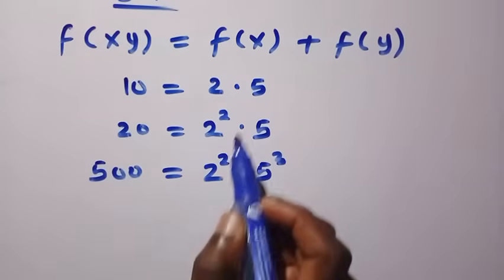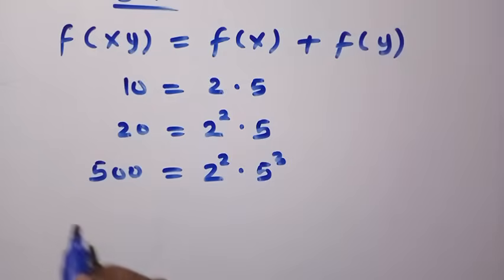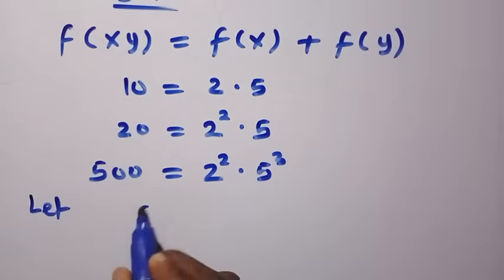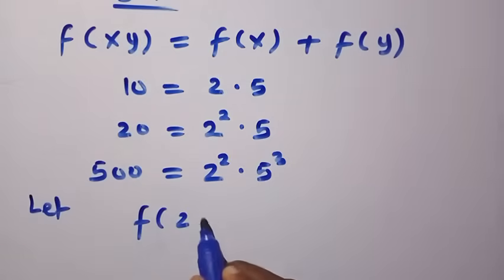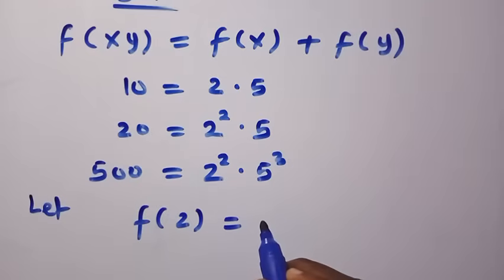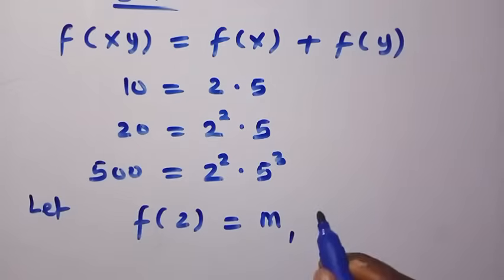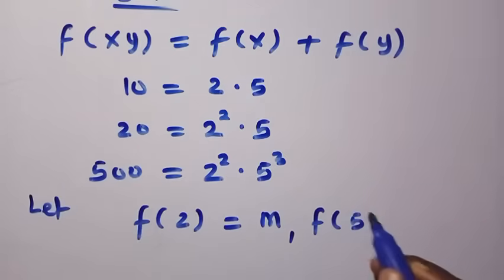Since we have 2 and 5 basically, suppose I let f of 2 equal a particular letter, let me call it m. And also I let f of 5 equal n. So this representation, we are going to be using it later.